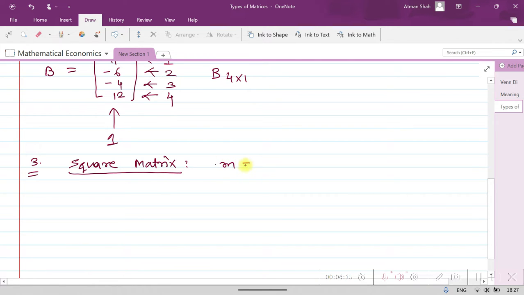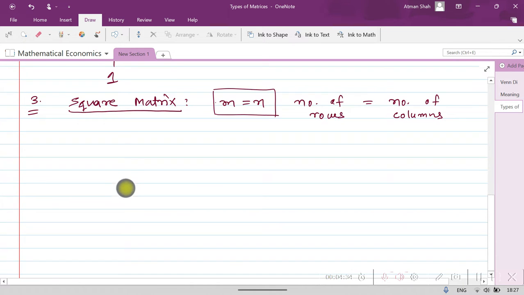So M is equal to N. So suppose A is equal to 1 7 minus 8 11.